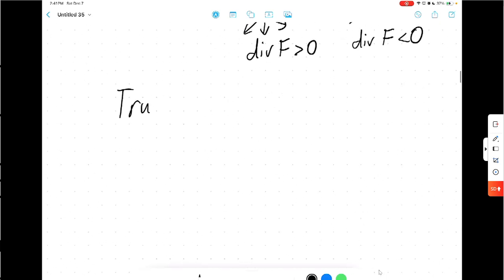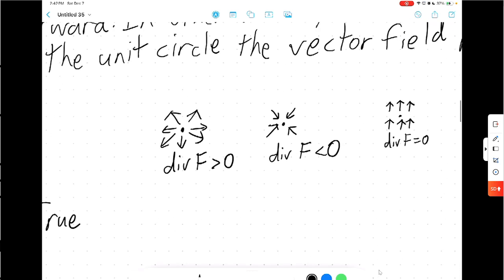If it's greater than 0, does everything have to be pointing outward, or can some be pointing inward? Some can be pointing inwards. The idea is that more is going out than is going in. This is purely just to illustrate the point. But the question says that everywhere is pointing outward.